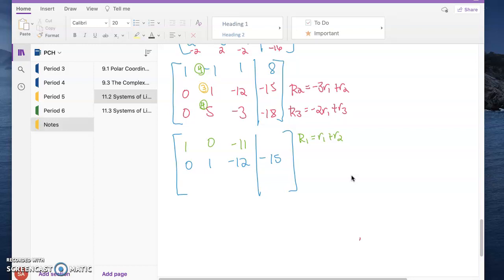I want to create a 0, so I need to multiply row 2 by -5 and add it with my old row 3. I'm going to combine those.